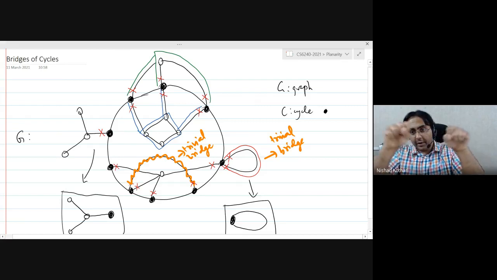Whenever you have a cycle, you will embed it in the plane and it will look like a closed curve. And what I want you to observe is that every bridge of this cycle will either have to go in the interior of the curve or in the exterior of the curve. And that is the motivation for this very technical definition that we're going to write down, right?